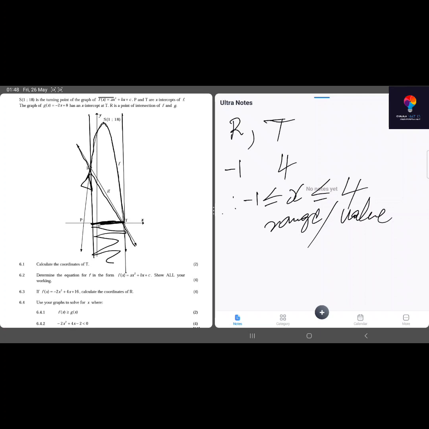Therefore, if you take any value that is between, including minus 1 and including 4, that is between minus 1 and 4, you will satisfy this statement.